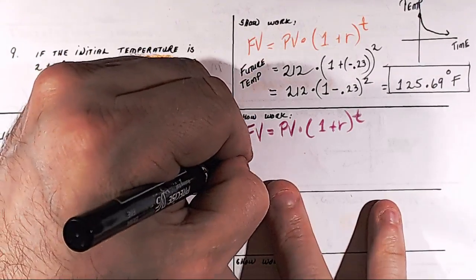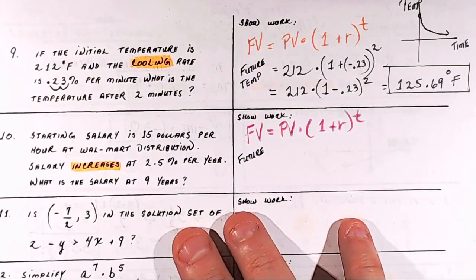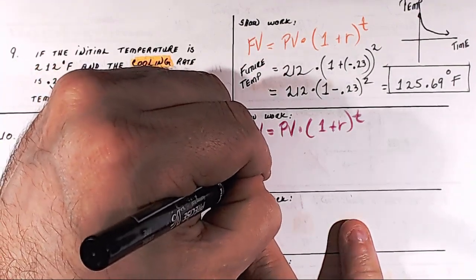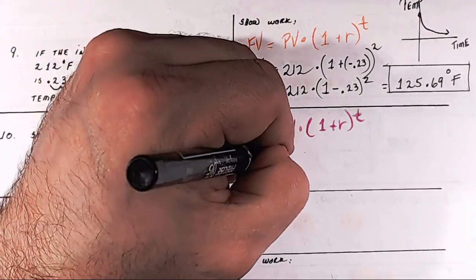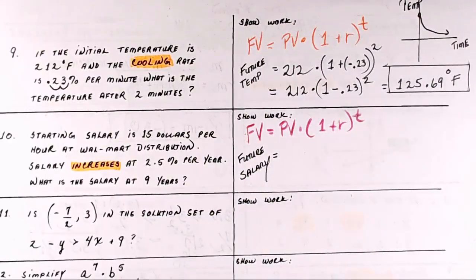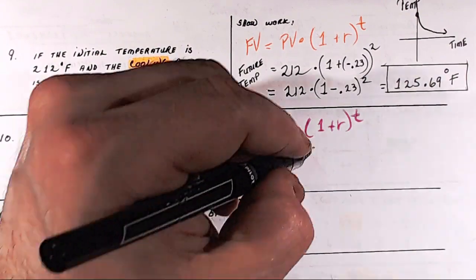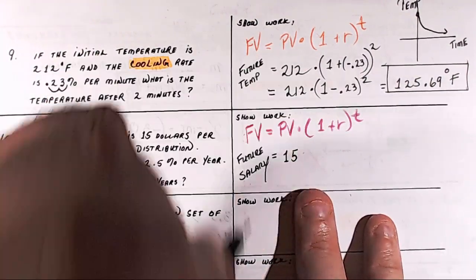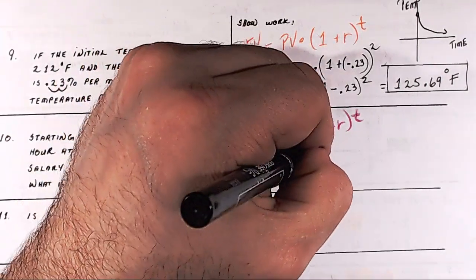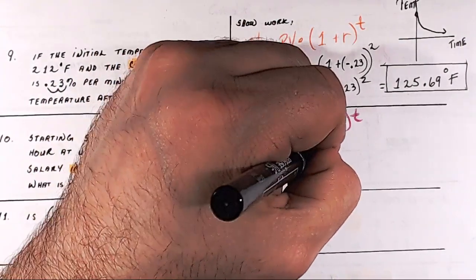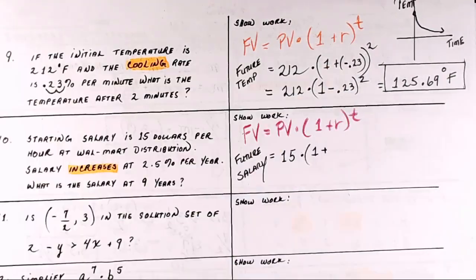And I've got to fill in the values now. So our actual problem is future salary is equal to the initial salary, or the present salary, or the starting salary, which is 15, times, open parentheses, 1, and it's growth because salary is growing over time.